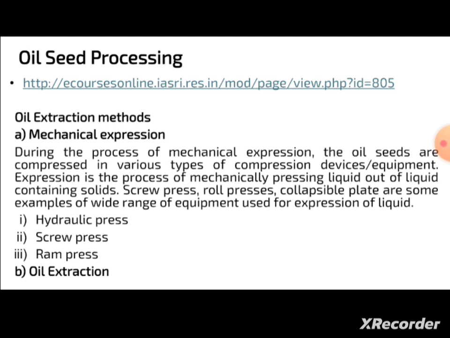all know different oil seeds are produced in India and all over the world. For extracting the oil from products like castor, sunflower seeds or groundnuts, different methods are employed. One of the methods is mechanical expression in oil extraction. In mechanical expression, the oil seeds are compressed in various types of compression devices or other equipment to expel the oil from the product.